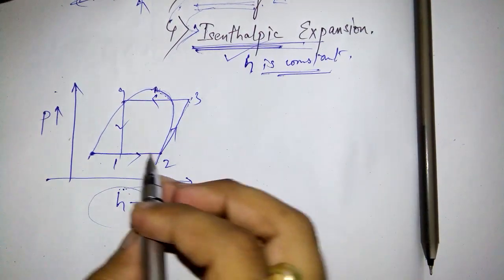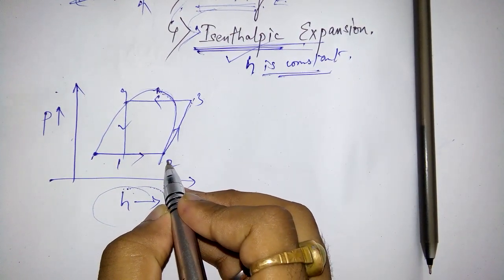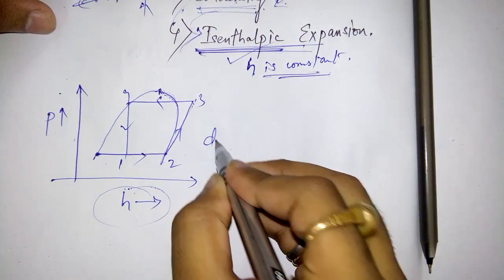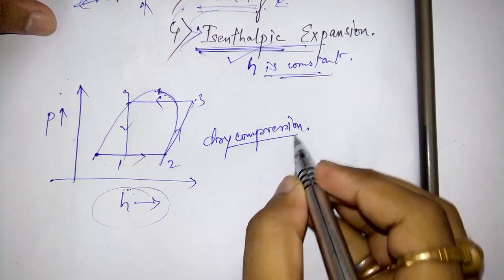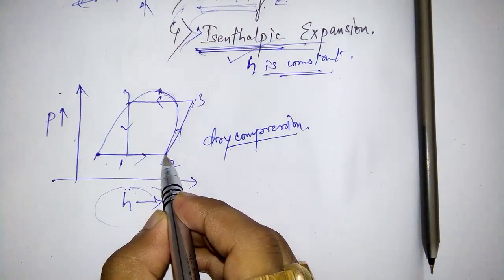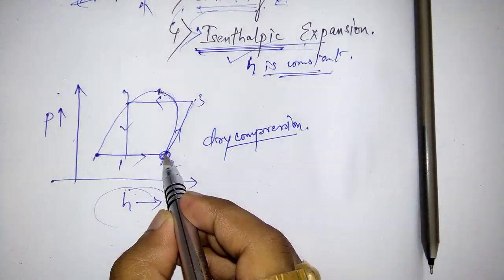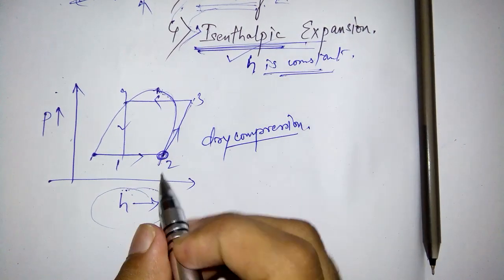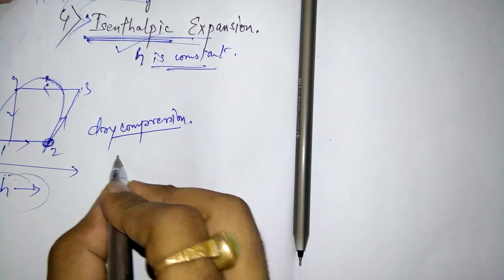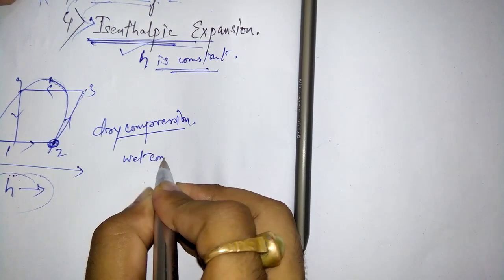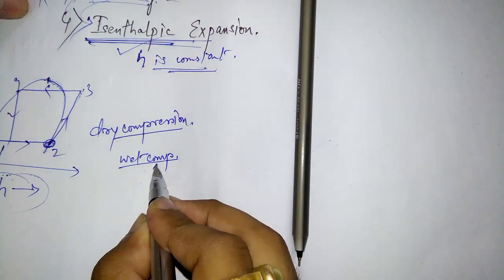Very simple, but keep one thing in mind: in this case, this is the graph for dry compression. Why dry compression? Because the refrigerant entering the compressor is totally in the vapor state, no water is present. If it were wet compression, my pH diagram would be something like this.